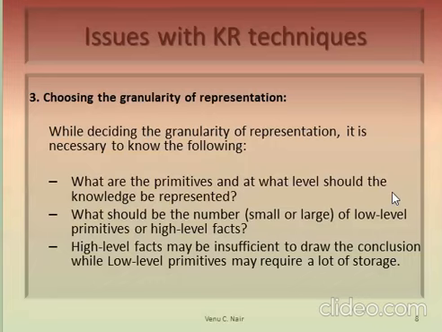What are the primitives and at what level should the knowledge be represented? We have to find out the level of knowledge representation. What should be the number? It can be small in number or large in number of low level primitives or high level facts.